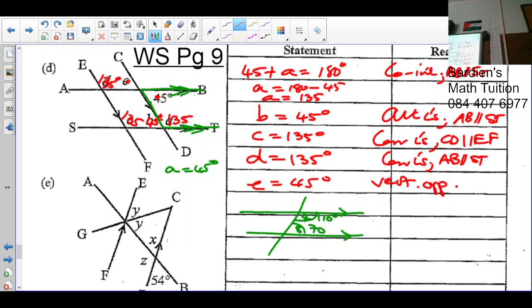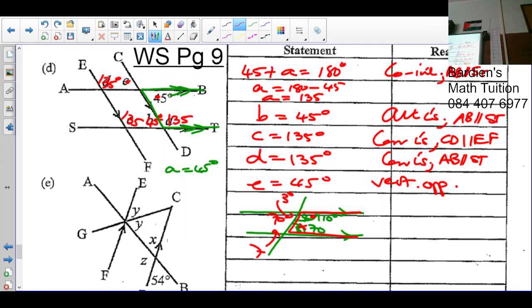So what do you notice, my girl? That these angles add up to? What's 70 plus 110? 180. Now measure this angle. What was the size of this angle here? Angle 3. 70 degrees. And this was angle 7.